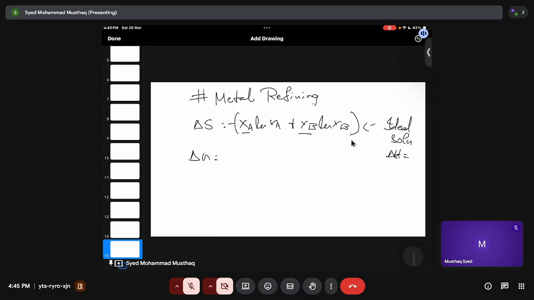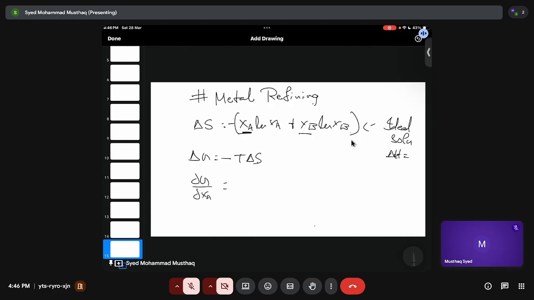Now if I differentiate delta G, not with respect to temperature, let's differentiate with respect to the mole fraction. So if I do this, dG by dXA will result in XA coming out, so first you will have ln XA minus 1.